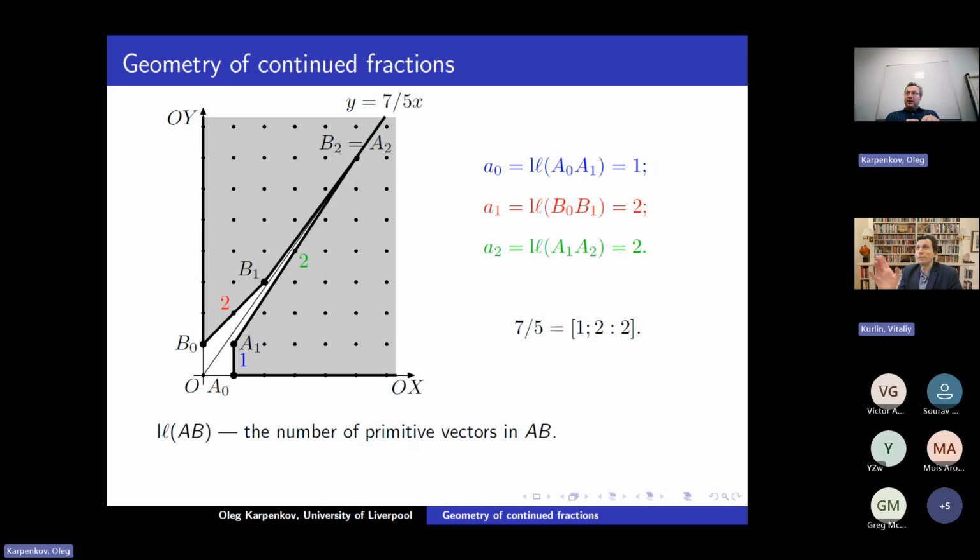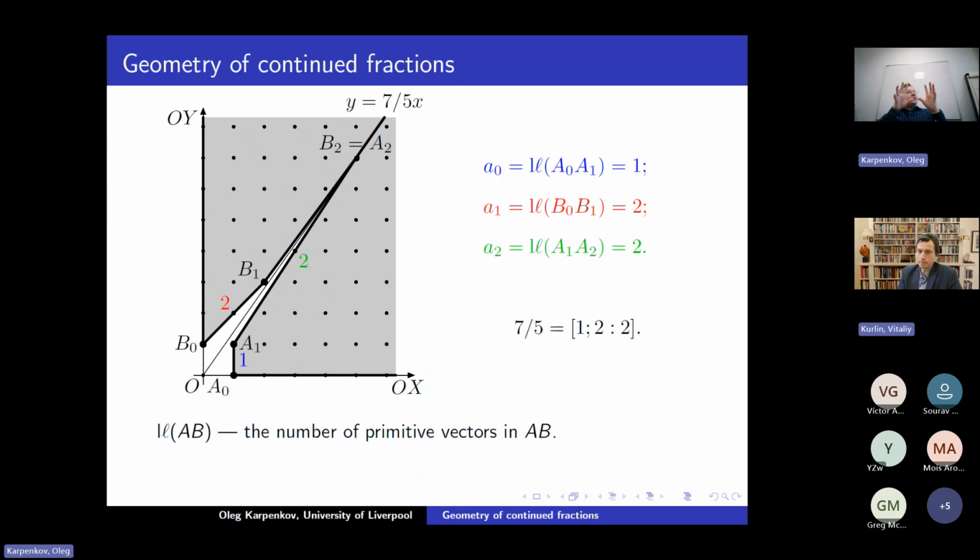Oleg, could you remind everyone what the convex hull is? Oh, convex hull is, I recently had a student who asked what the convex hull is, and I find it's quite complicated to explain. There is a formal definition: your set is convex if two points inside your set are connected by a segment which is completely inside that set.